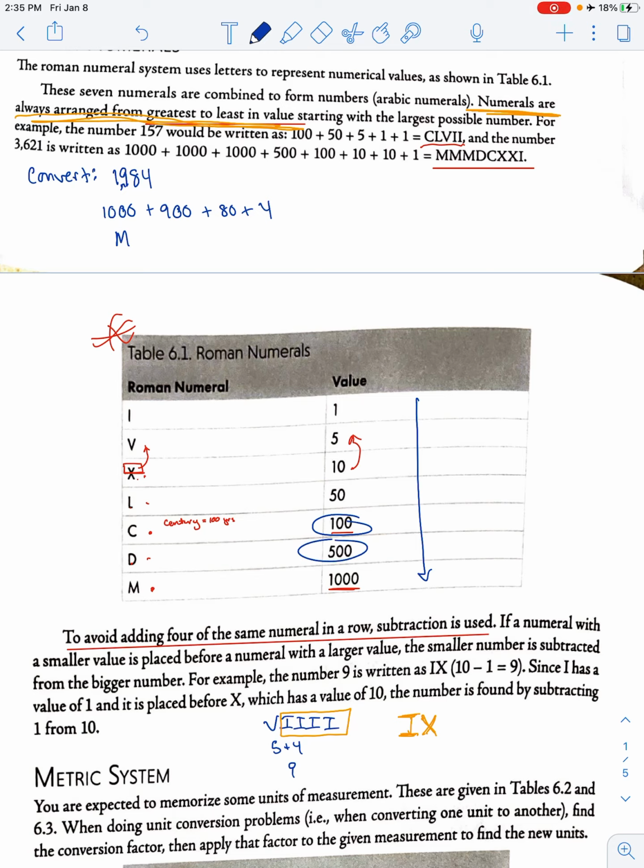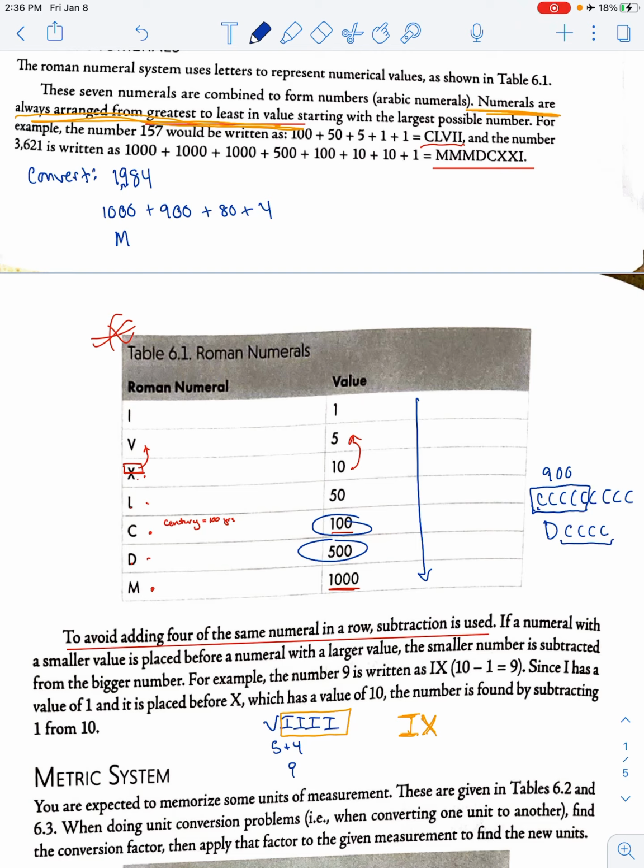So instead of writing 900 as C, C, C, C, C, C, C, C, C, we could write 900 as 500, so that's a D. So we could take those first 5 C's and make that a D, that's 500, and then C, C, C, C. Okay, so that's a little bit better. We want to use as few Roman numerals as possible. But this is not even as simple as we can write it, because look, we've got 4 C's in a row.